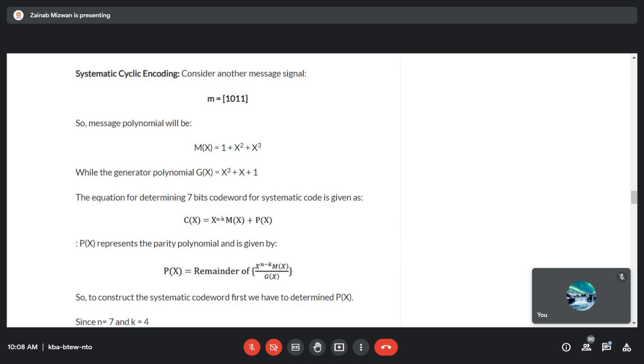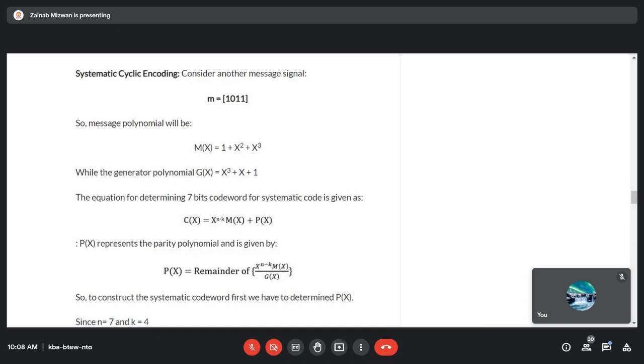So from here I can say 1 plus 0 into x plus 1 into x square plus 1 into x cube. So what I'm going to get is 1 plus x, 0 into x will be 0, plus x square plus x cube. Therefore, I can write m of x equals x cube plus x square plus 1.